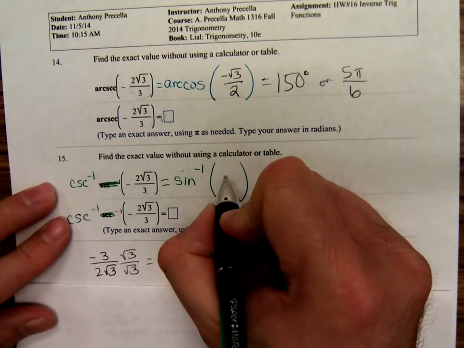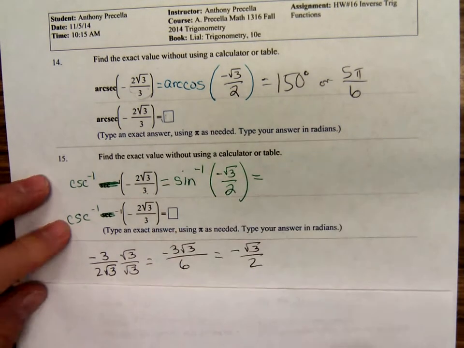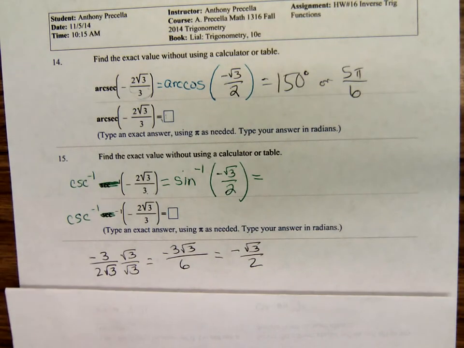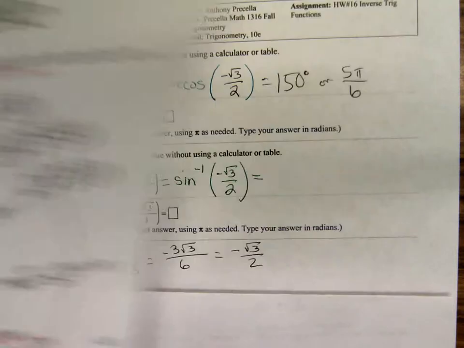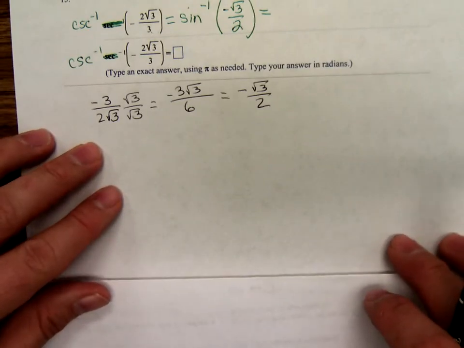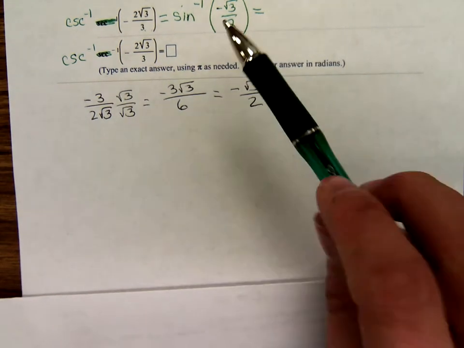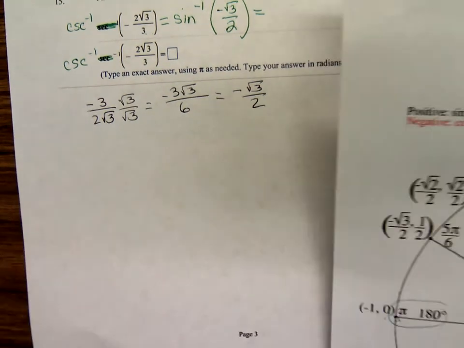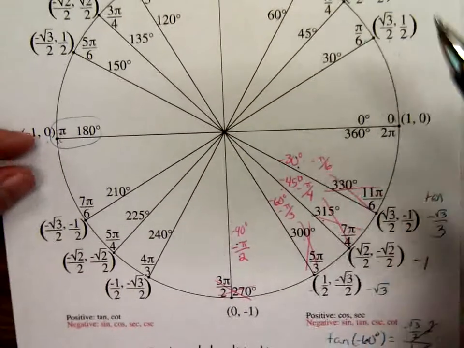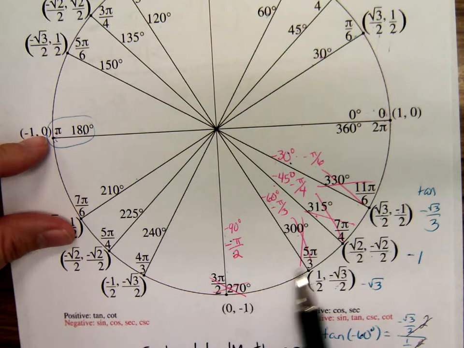Okay, sounds like you have the hang of it. We're looking at inverse sine negative square root of 3 over 2. Is it 0 to pi or negative pi over 2 to pi over 2?